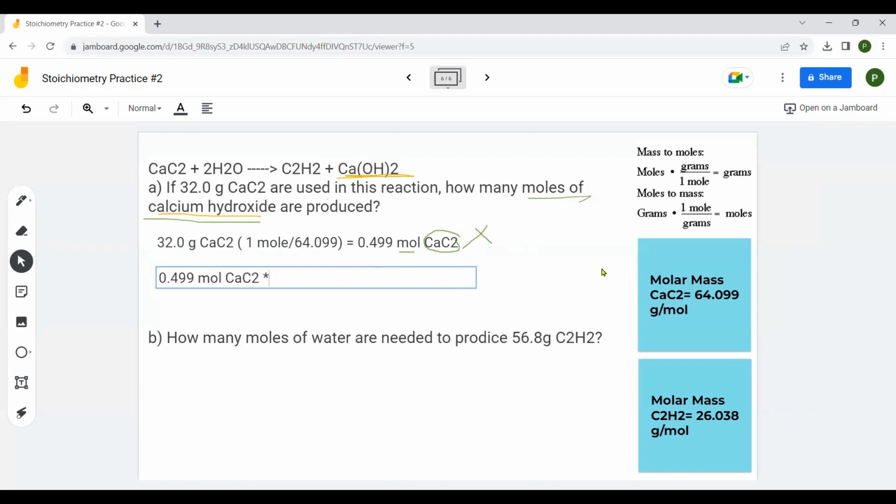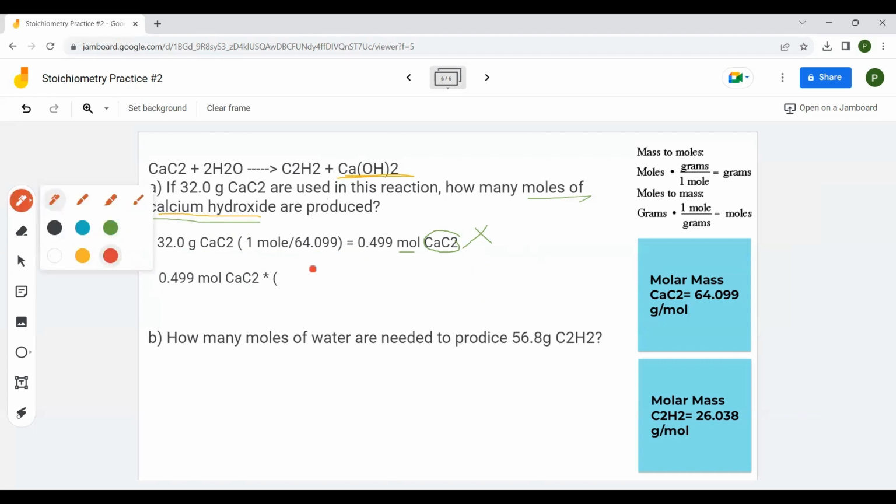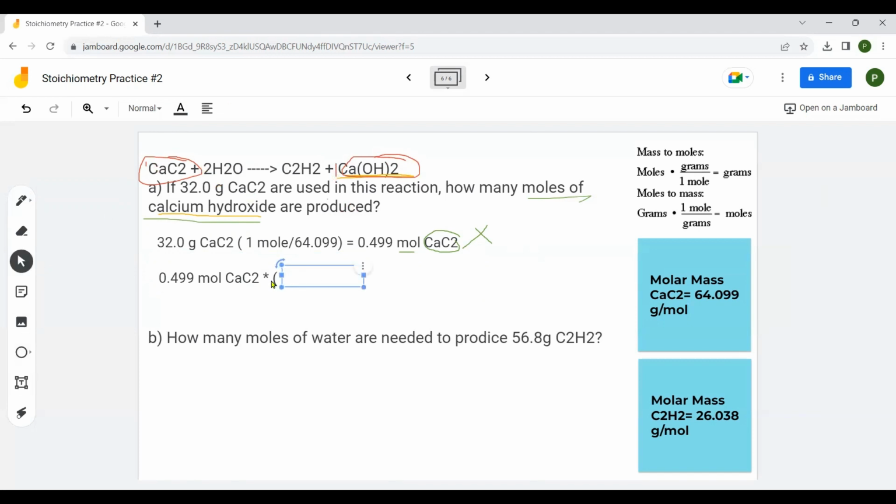And we're going to go ahead and set up our ratio just like we did earlier. So if I look up here, we have CaC2 and calcium hydroxide. This is a 1-to-1 ratio because remember in front of these we have imaginary ones.